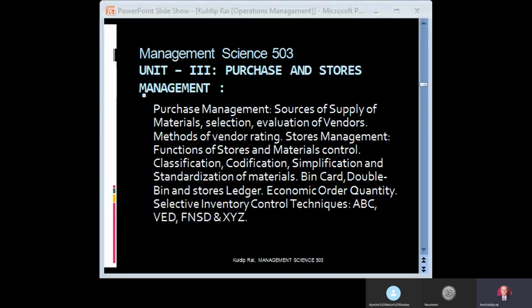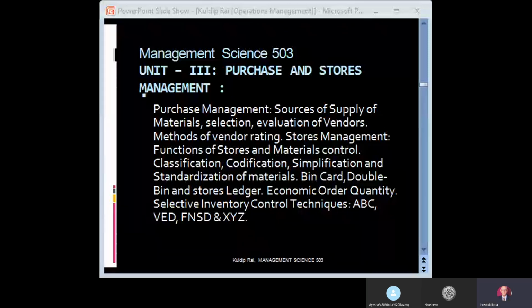If I start searching for sources of supply, possibly in Hyderabad itself, I may find 100 shops. And if I am sourcing nationally or globally, the number of sources will be in thousands.